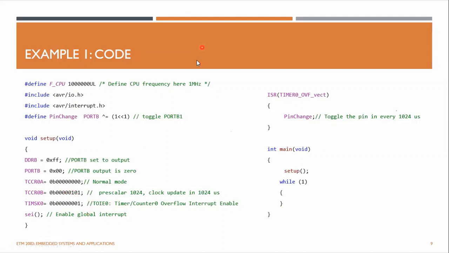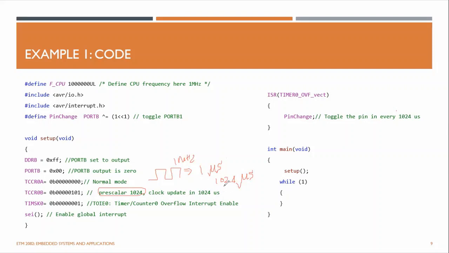Which means the normal clock frequency is 1 megahertz, so it takes 1 microsecond to update the CPU. But now your prescale is 1024, which means you take 1024 microseconds to update your timer by 1.